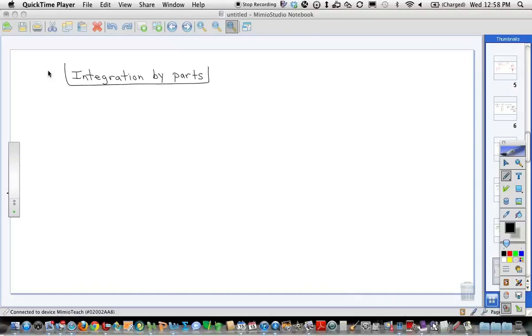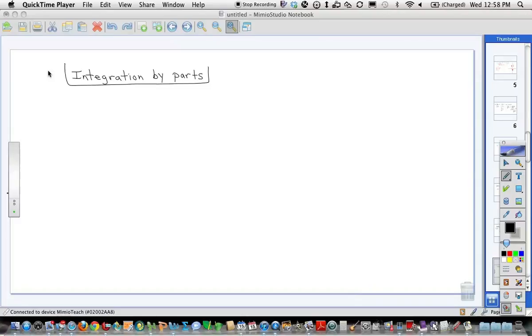Okay, it's called integration by parts, and what that means, again, it's the same idea. We want to take our integral that we're trying to do, and we're going to turn it into a new integral that's easier to do, which is the same thing u substitution tried to do. All right, and what we're going to do is we'll break it into parts, so therefore the name.